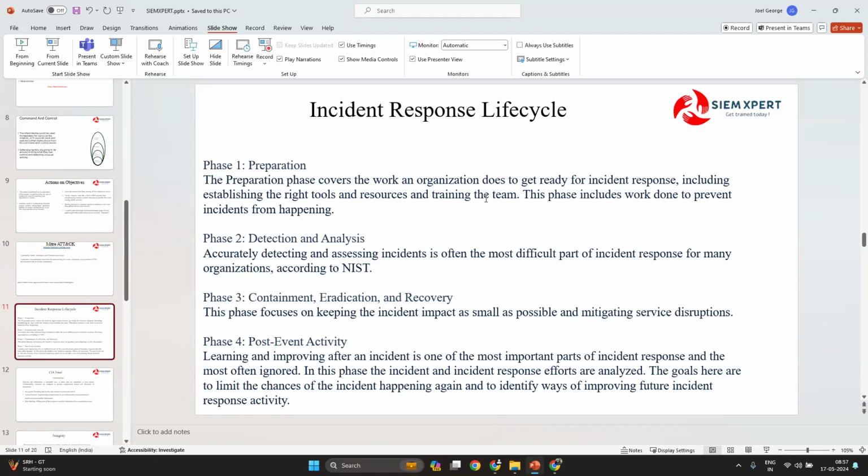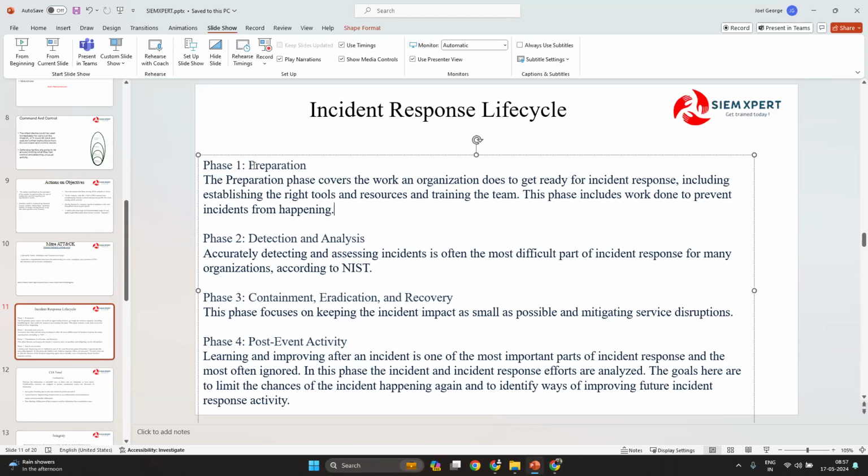There are two frameworks, the NIST and the SANS. Both of them are similar, but depending on the organization, they choose which framework they want. You don't need to specifically know a certain framework, but knowing one would obviously help.